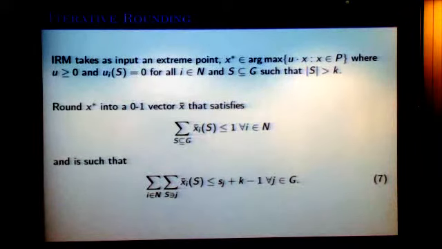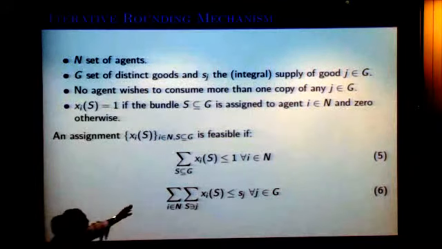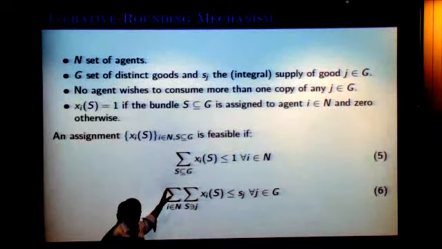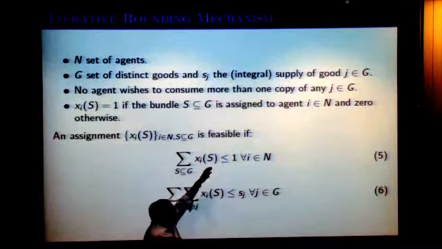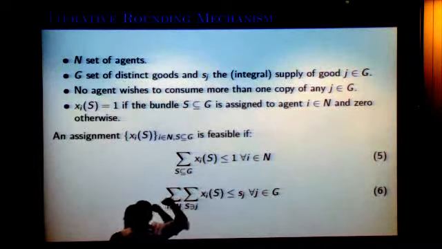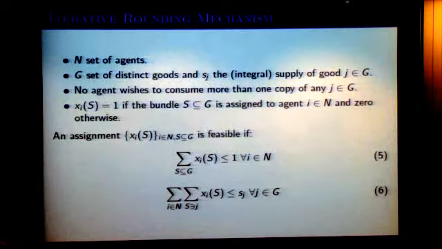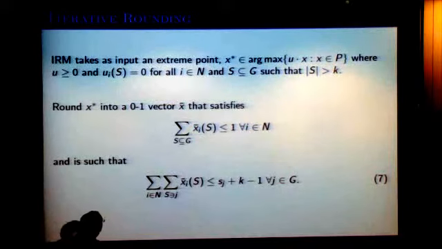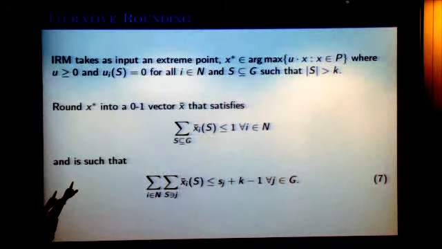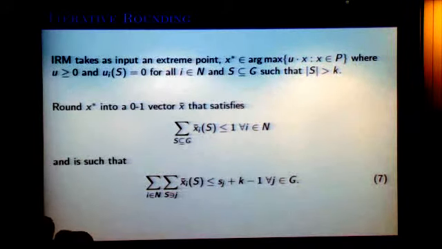Now, what does iterative rounding do? It takes as input an extreme point of the linear relaxation of this. So pick any objective function you like, maximize over this, that gives you an extreme point. So that's your input. And the objective function we're going to pick is one consistent with the assumption of K valuations.